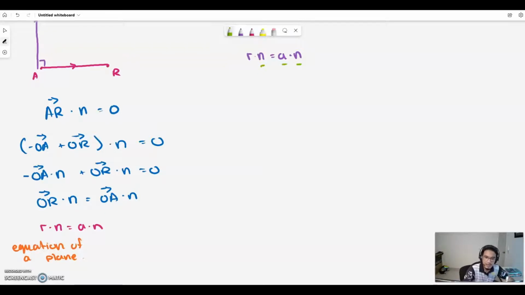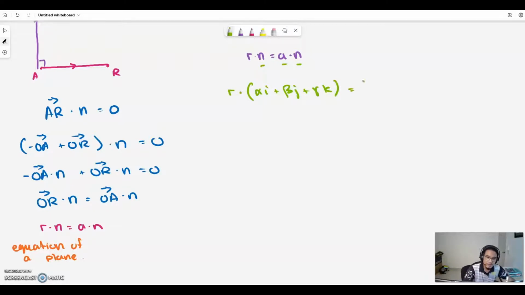So our equation will be R dot n, where n is alpha i plus beta j plus gamma k. The n is the same thing that we use as vector m in a straight line, so it appears as alpha, beta, and gamma.